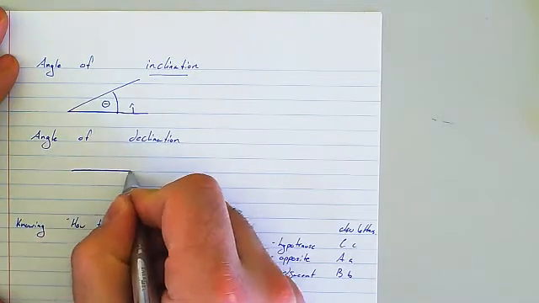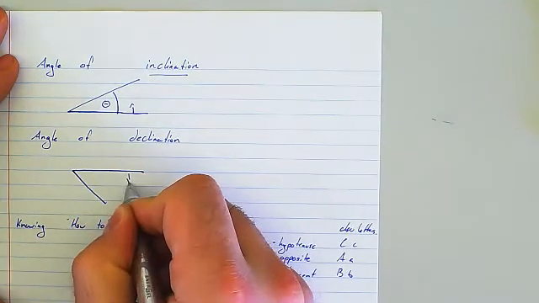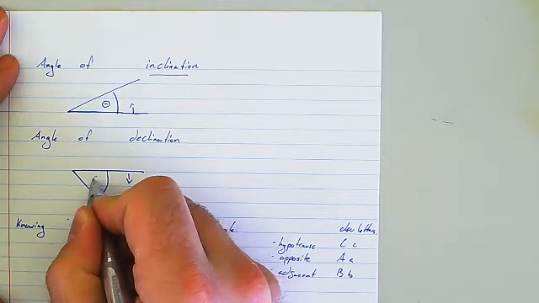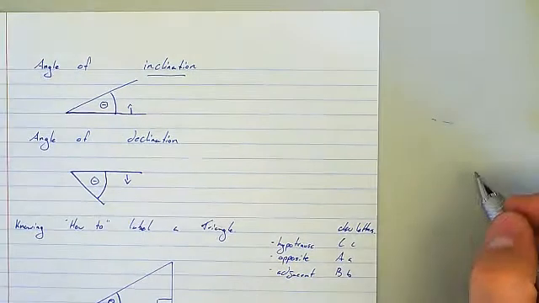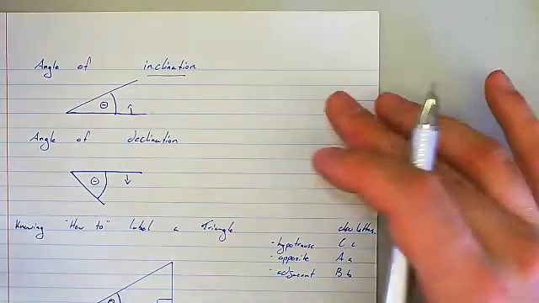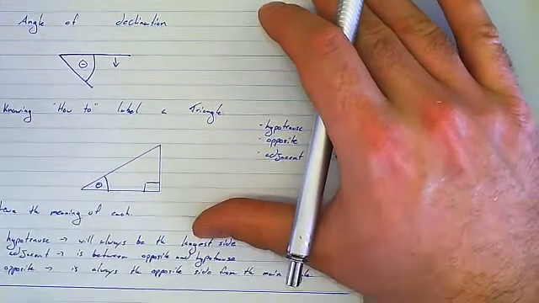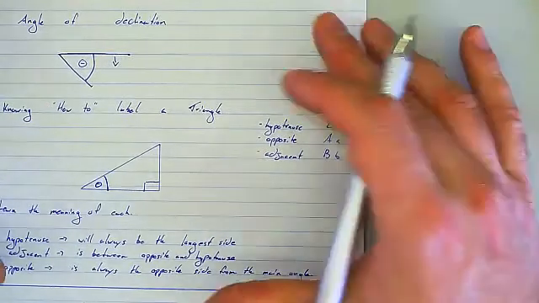If you had an exact same horizontal line and your angle went down from the horizontal, that would be an angle of declination. It's not very useful right now, but later on when you guys start taking the word problems, we'd like to use these a lot to give you guys better understanding of what's happening.